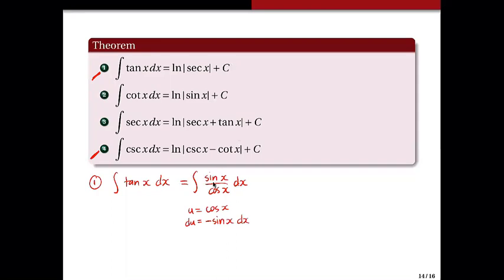So in here, you have the sine x and then the dx. You don't have the negative, so you put the negative to the other side of the equation. Therefore, sine x dx will be replaced by negative du. And then your cosine x will be replaced by u. So this is just the integral of negative du over u.